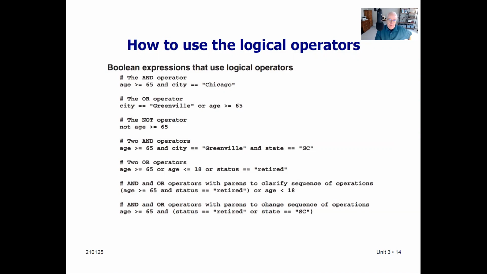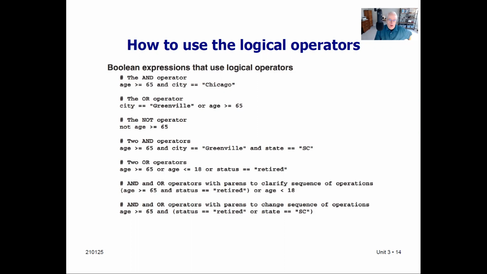Then we can have a bunch of operators. Here's two and operators. Age is greater than or equal to 65, and the city is equal to Greenville, and the state is equal to South Carolina. So we had 1, 2 ands in there to make that a much more complex compound expression.